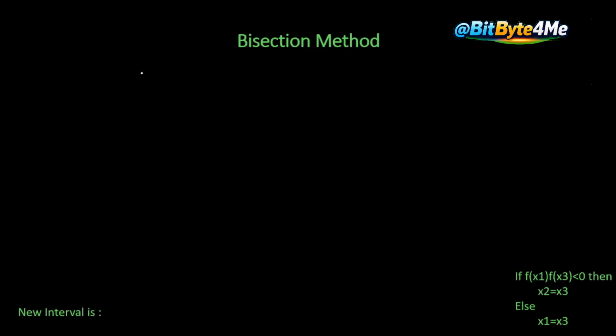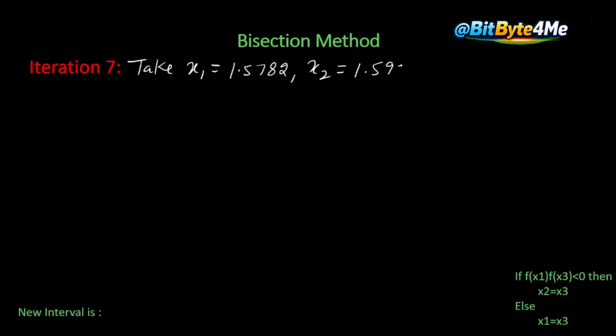So in the 7th iteration, take x1 is equal to 1.5782, and x2 is equal to 1.5938, and x3 will be x1 plus x2 divided by 2, which is equal to 1.5855.